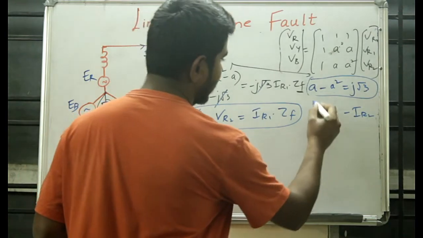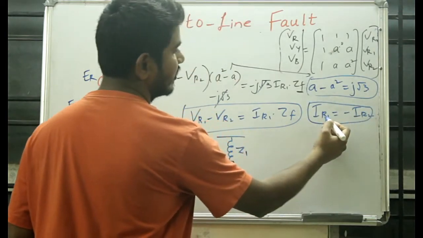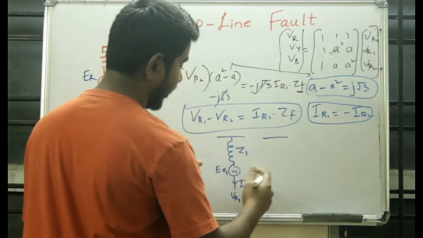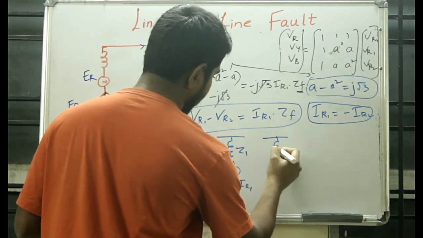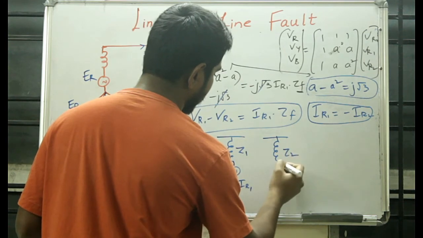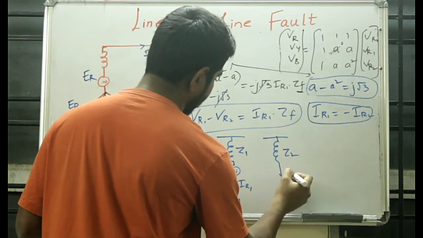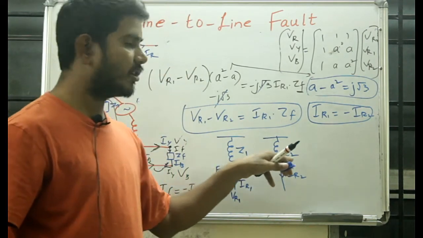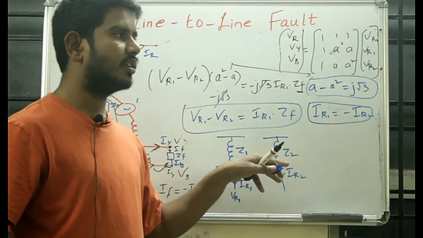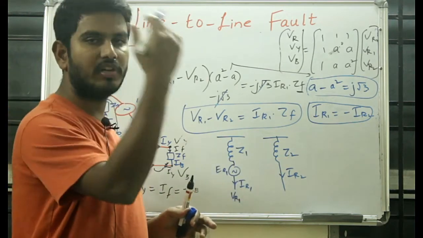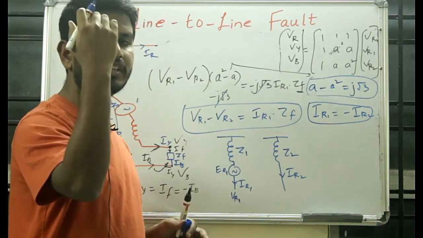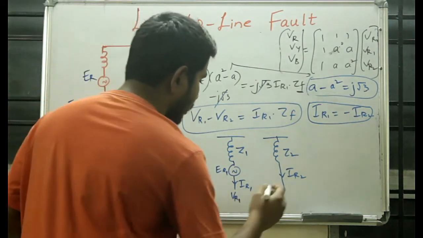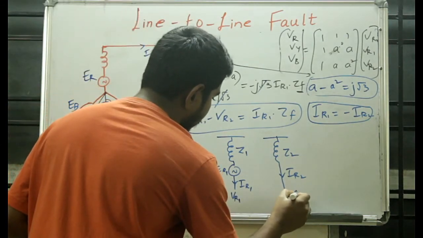As the currents in the positive and negative phase sequences are opposite to each other, let us take this current in this direction. If I consider this is Z2, and the current here is IR2, there will be no induced EMF in the negative sequence and zero sequence, because the rotor rotates in one direction only, the anti-clockwise direction, and we have only the positive phase sequence induced EMF, right? So this point is VR2.